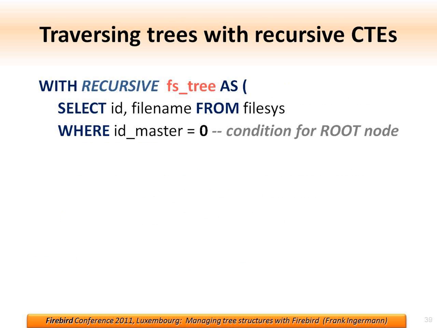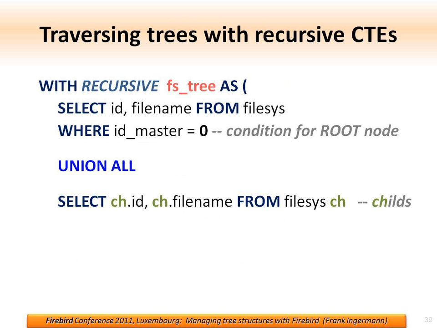So the thing here is that you need one condition here that will return the root node. By the way, if you do this from the client side, you can also use a parameterized query and put a parameter here. But now, just an example, it's just a static 0. And then we have the union all, and we do the child select.